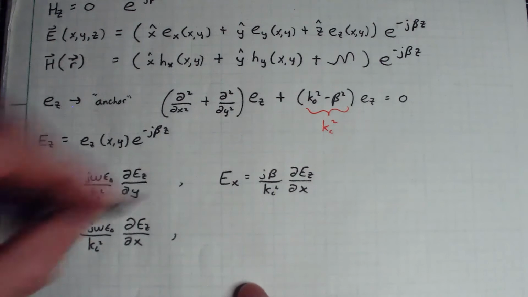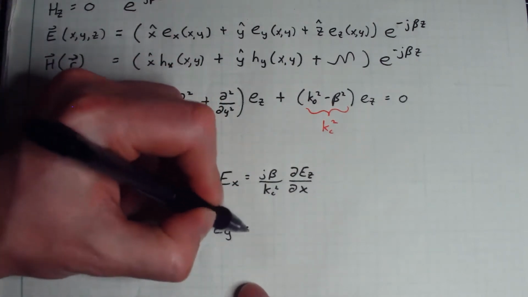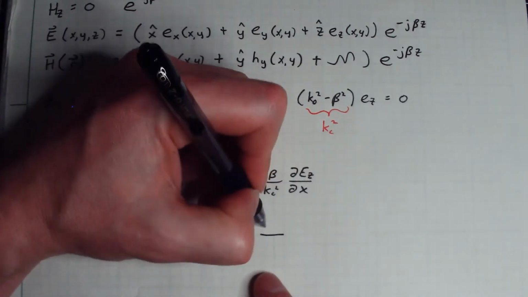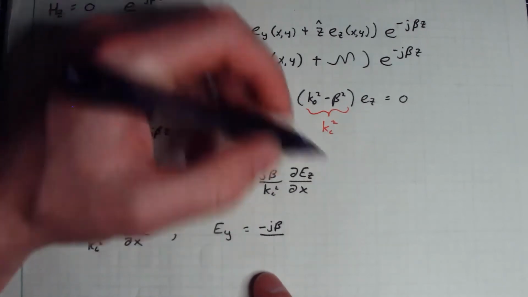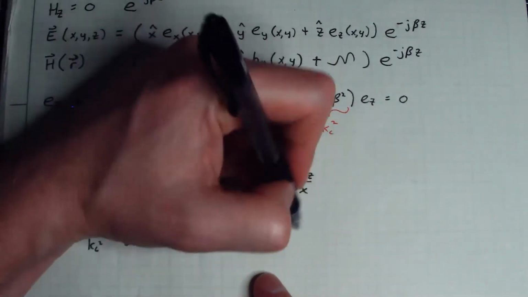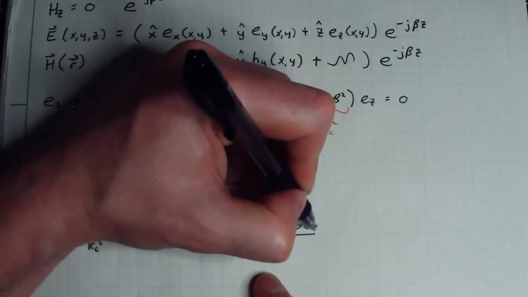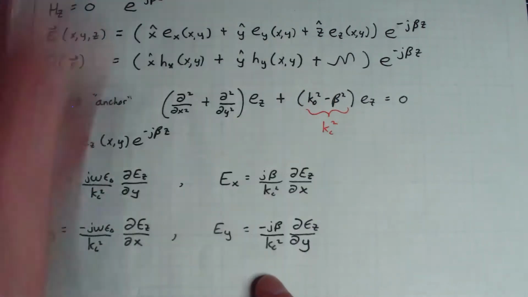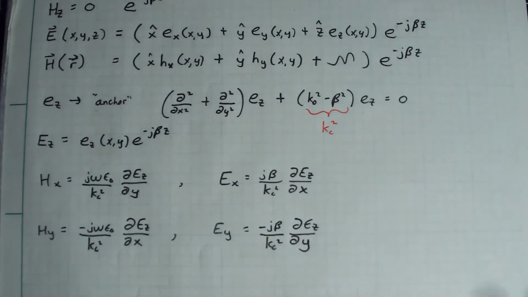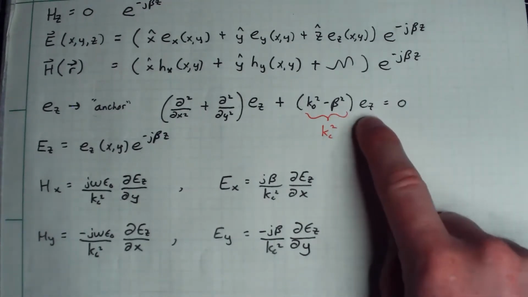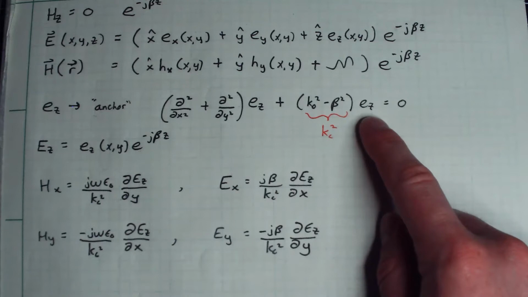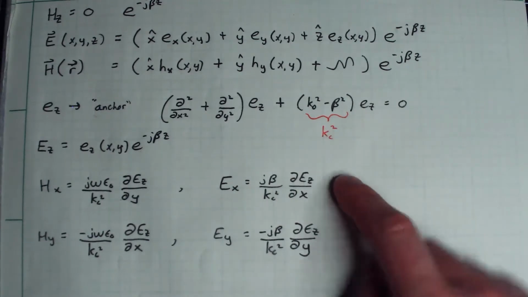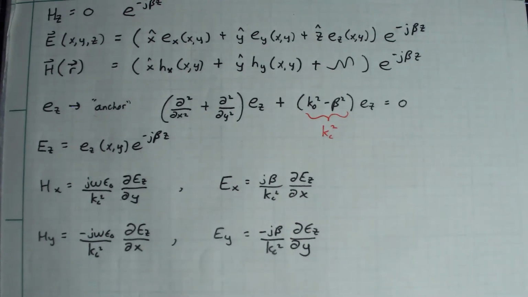So I apologize for being tedious, but there's a lot of things we got to calculate here. Negative j beta over k sub c squared partial e sub z with respect to y. So remember, the idea is if I can solve this equation and get some solution for my z component of my electric field, then I can use that to derive every other field profile using just some basic partial derivatives. So let's go ahead and do that now.